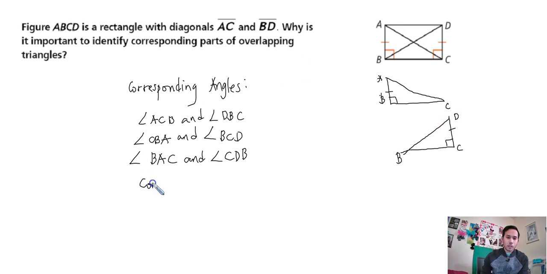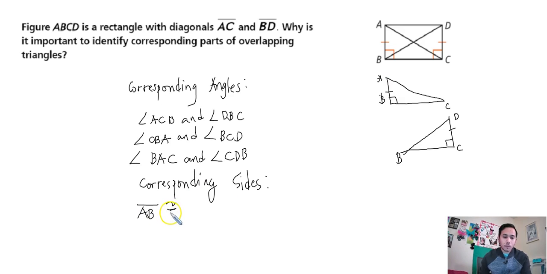Now the corresponding sides are, we do have side AB, this side here. So side AB and DC, side DC.